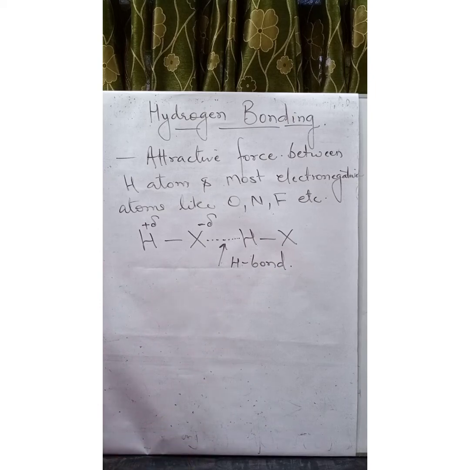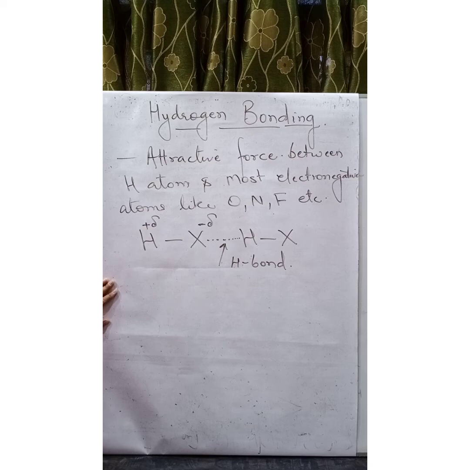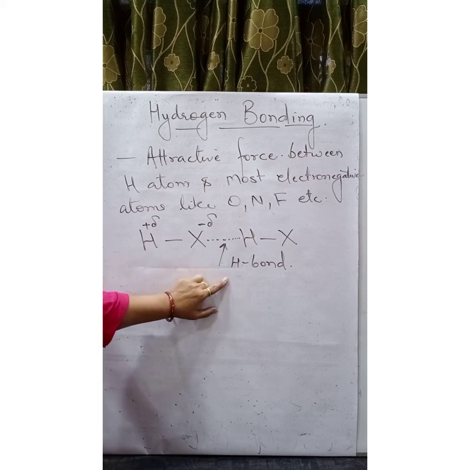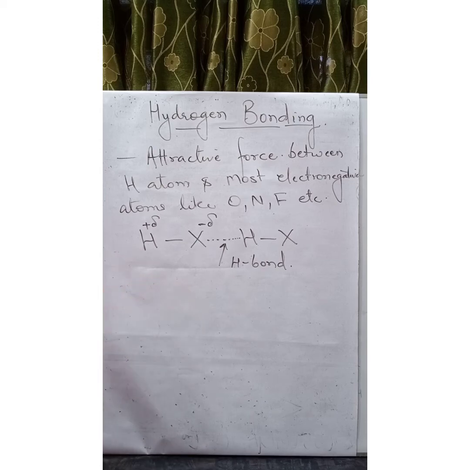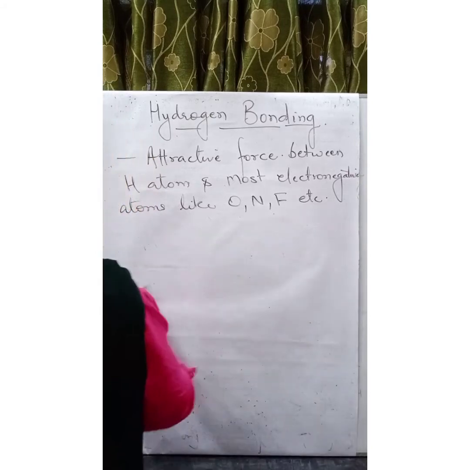The magnitude of hydrogen bond is highly strong and it depends upon the physical state of the substance. It is very high in the solid state, whereas minimum in gaseous state. Hydrogen bond has a strong influence on the properties and the structure of the compound. There are two types of hydrogen bond.